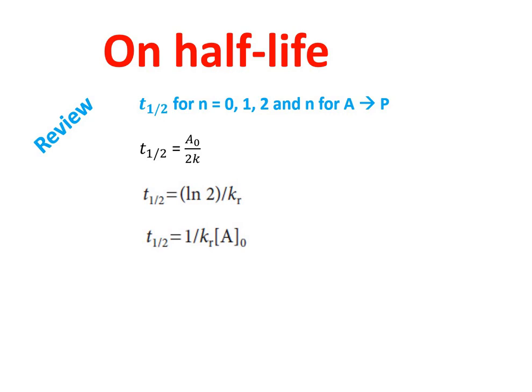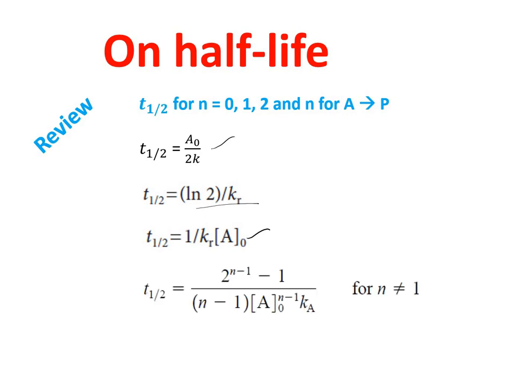So you see that here [A]0 is in the numerator, here [A]0 is in the denominator, and here there is no [A]0 at all. In general, t half is proportional to [A]0 to the power 1 minus n.